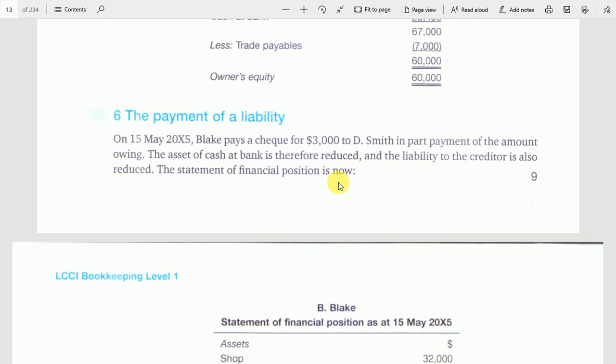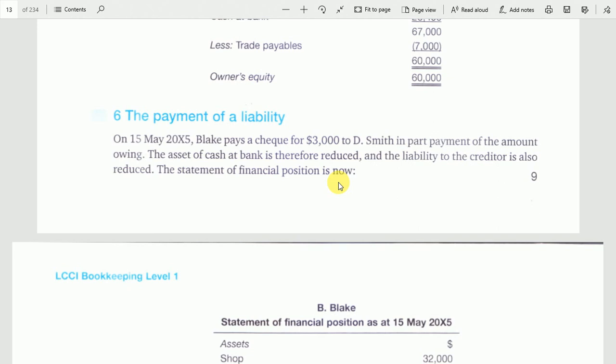So when you pay off a liability, the effect goes to the balance sheet. One asset decreases because you are going to pay in the form of cash or in the form of bank. So the bank or the cash decreases from your company because you are paying the liability, and as you have paid the liability in the form of cash or bank, the liability decreases.